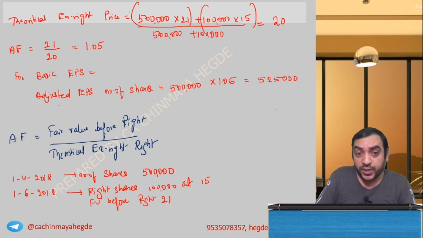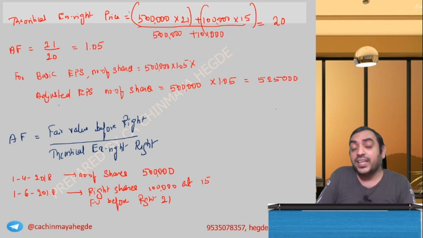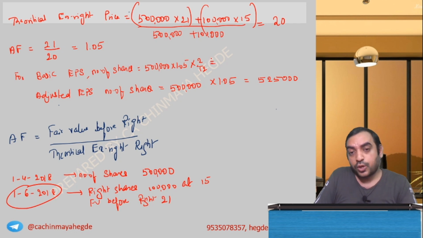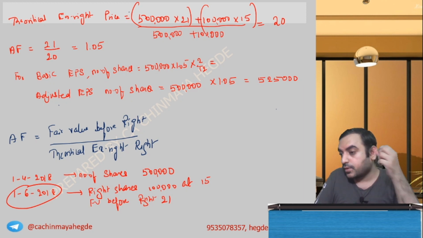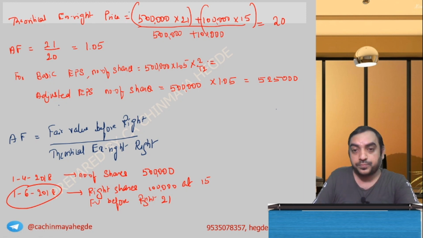For basic EPS, what do we do? We do 5 lakh into 1.05, but only up to the date of issue. Date of issue 1st of June, so 2 months, into 2 by 12. So how much do you get? 5 lakh into 1.05 into 2 by 12, you get 87,500.